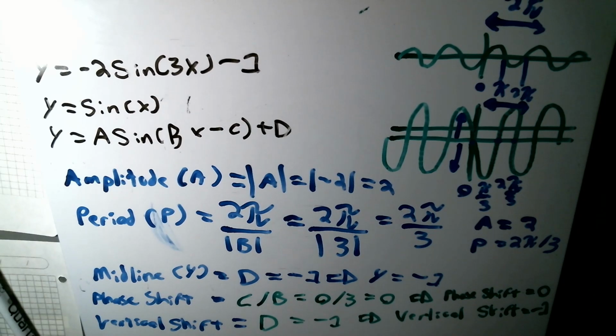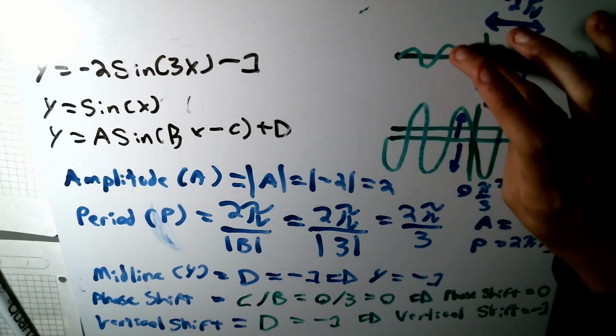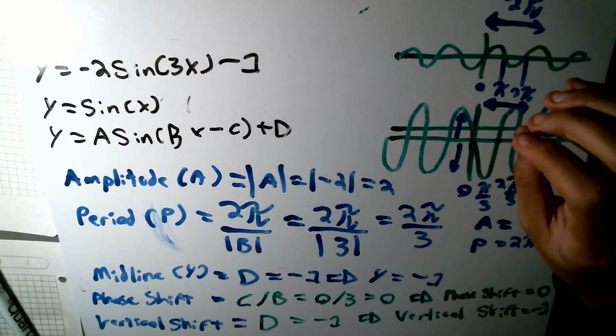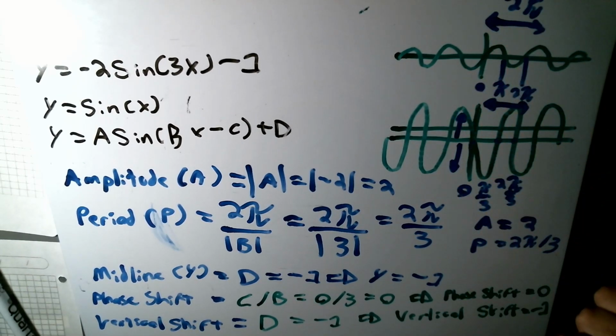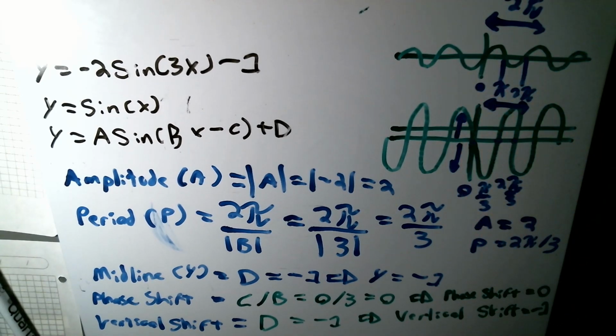They don't move up or down. So phase shift is 0, vertical shift is 0, as you can see here. It is on the center of everything, and the midline will also be 0, because it did not move. It is just there, infinitely along the x-axis.